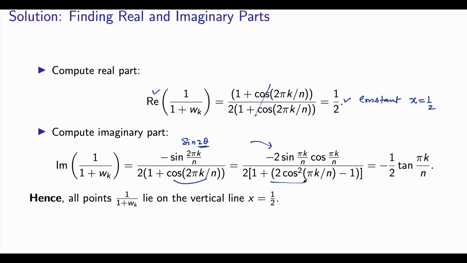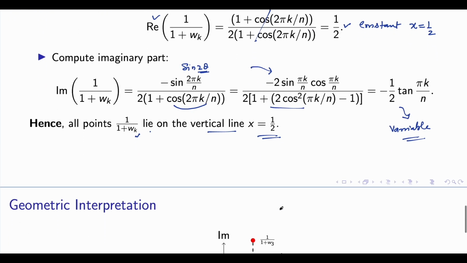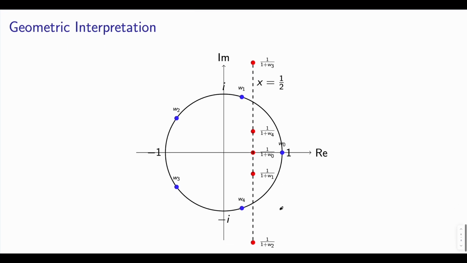After solving this we are going to get minus 1 by 2 tan pi k by n. So this is a variable, no longer constant, right? Hence all the points 1 over 1 plus wk lie on the vertical line x equal to half.